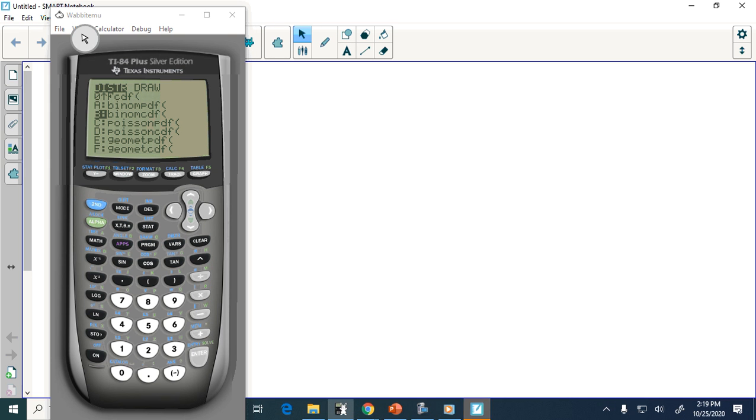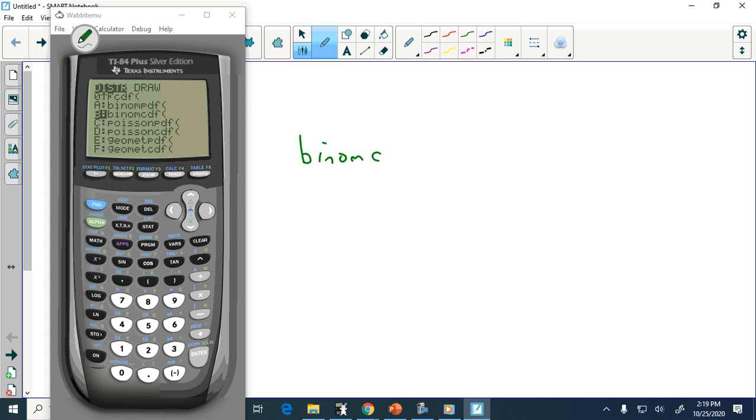So now I'm talking about the binomial CDF, and I always underline that C, and now it kind of looks like this symbol, because that's what the binomial CDF does. So if I wanted to find, for example, the probability that X was less than or equal to 3, I could use the binomial CDF.